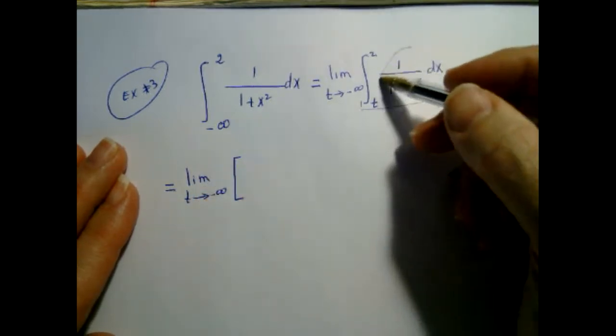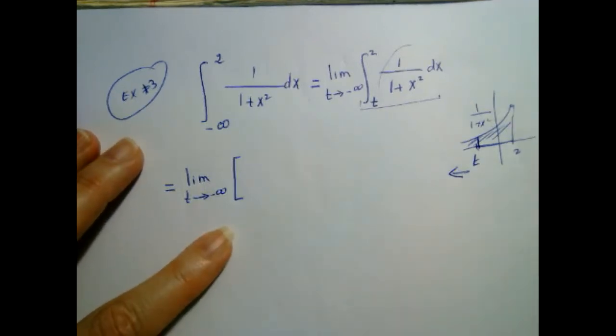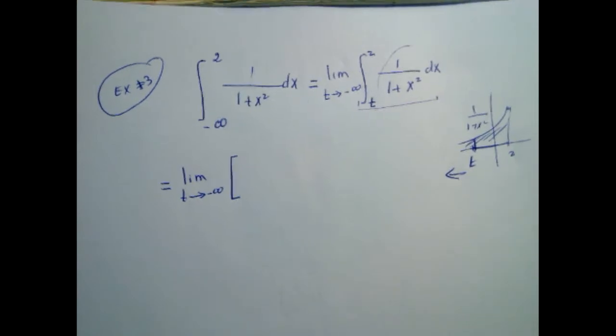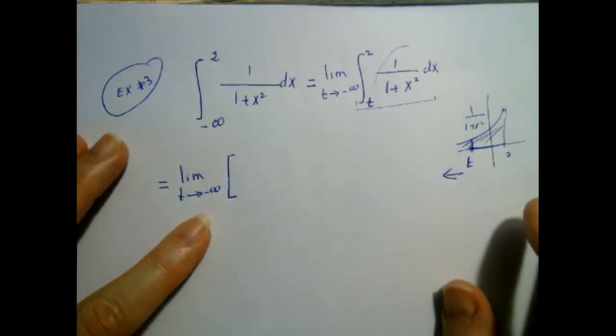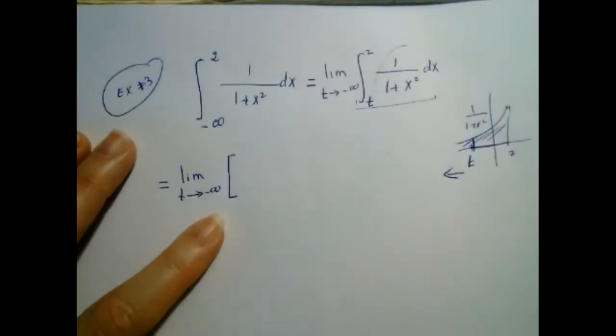Now, 1 over 1 plus x squared, I'm still taking a simple antiderivative. What's the antiderivative of 1 over 1 plus x squared? Quickly, guys. Is it the natural log of 1 plus x squared? Why? Can we substitute 1 plus x squared for u? Can we? If we do, what do we get?